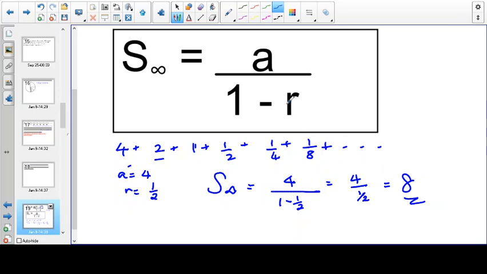Okay, so that is the sum to infinity for a convergent series. It won't work unless r is between -1 and 1.